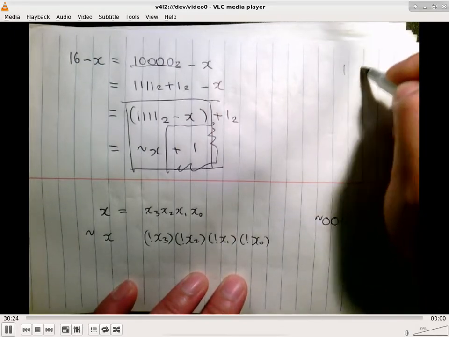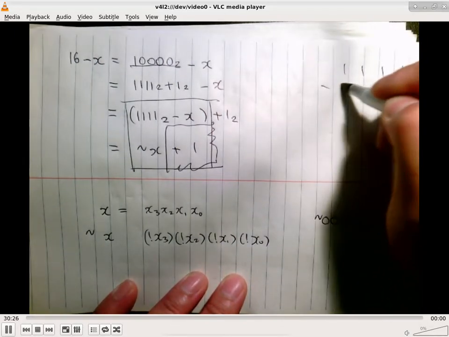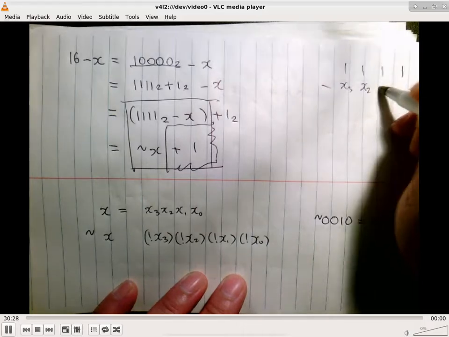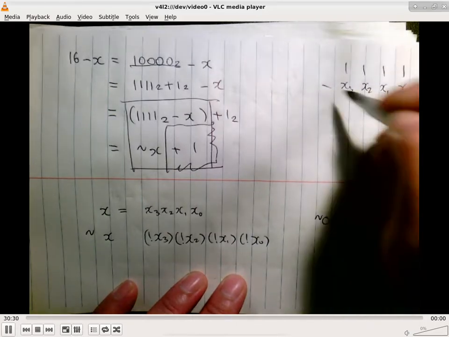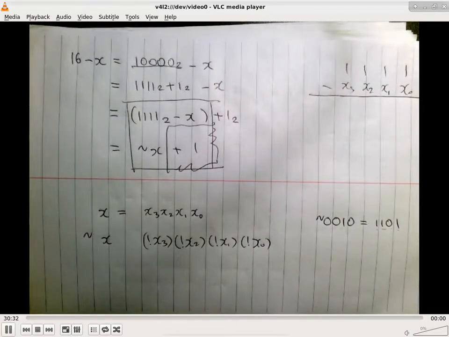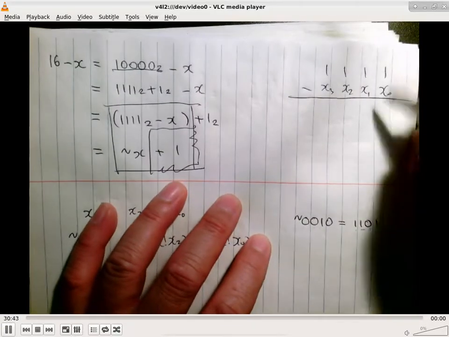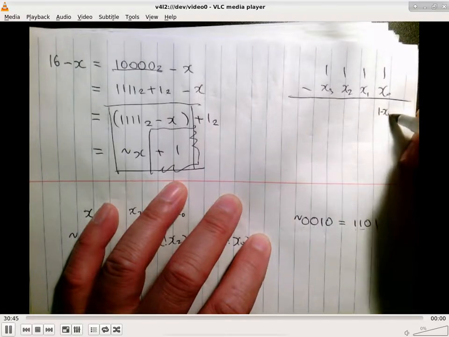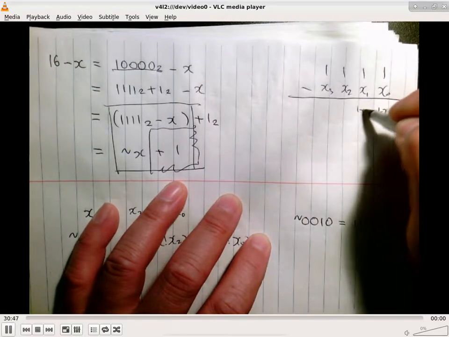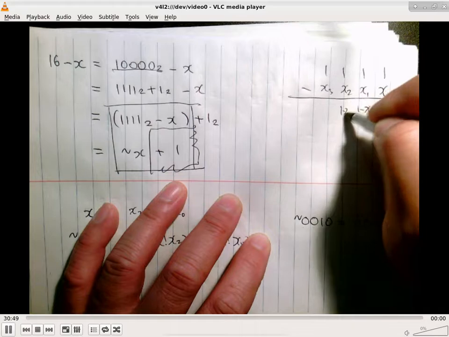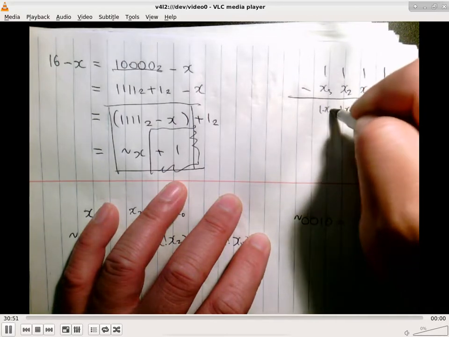You have 1111 minus x3, x2, x1, x0. That's the actual subtraction. What is the result? Do we have any borrows in this case? No, we don't. So whatever goes here is just 1 minus x0, whatever goes here is 1 minus x1, 1 minus x2, 1 minus x3.